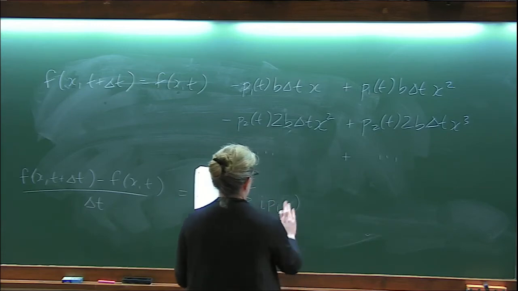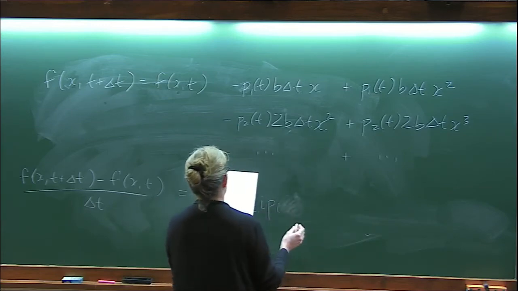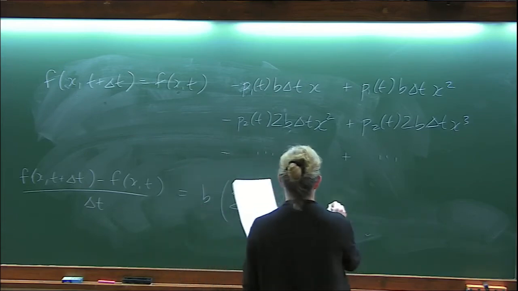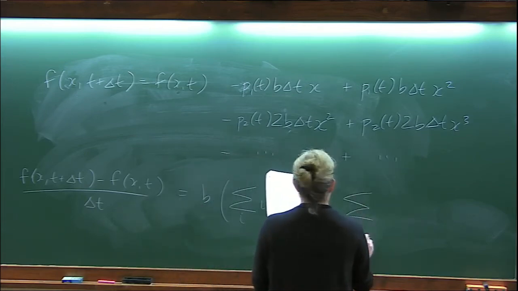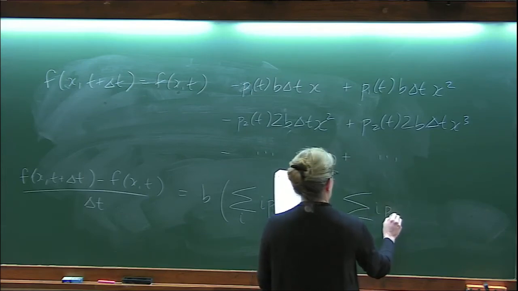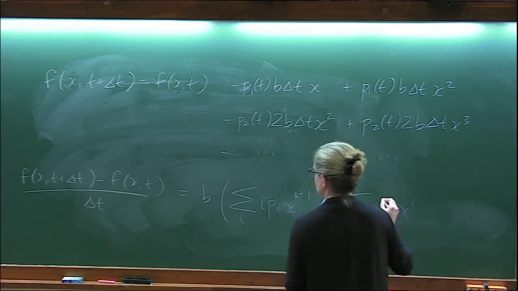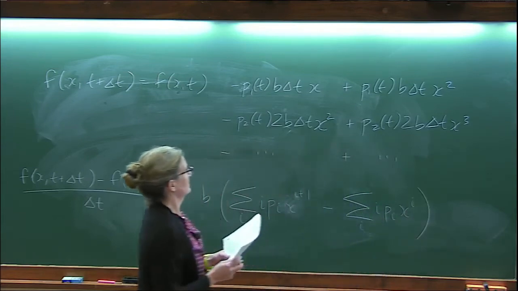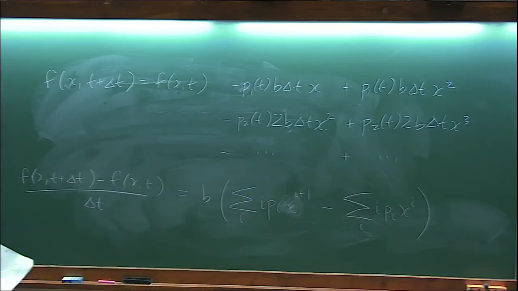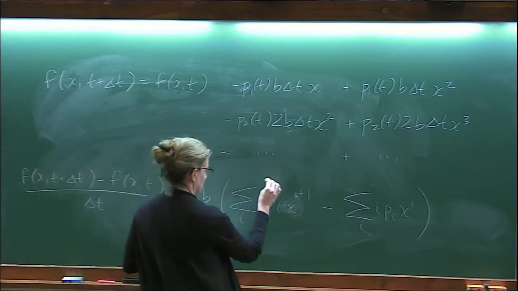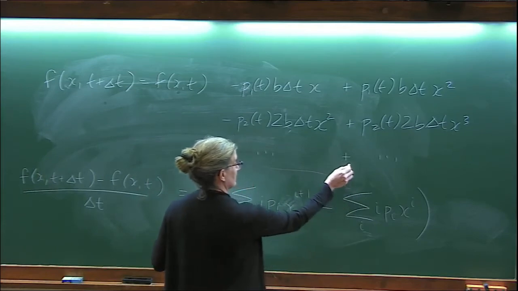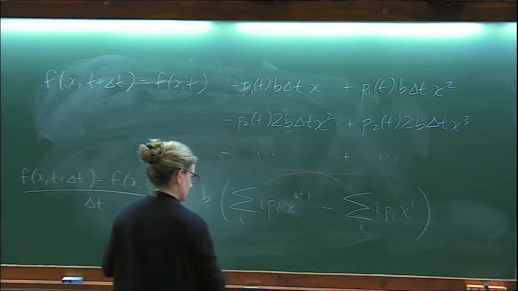Let's drop the t's because we're just going to have to keep writing them out over and over again. x to the i plus 1, sum on i, p sub i, x to the i. So I've just put the positive terms before the negative terms. In case you're confused, this guy went over here and these guys came here.